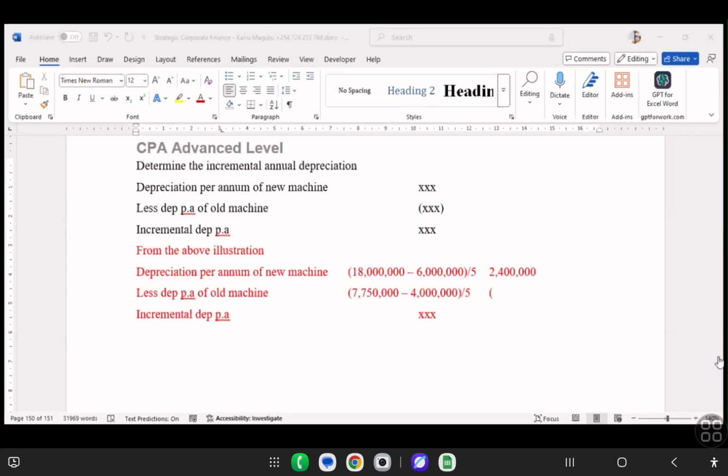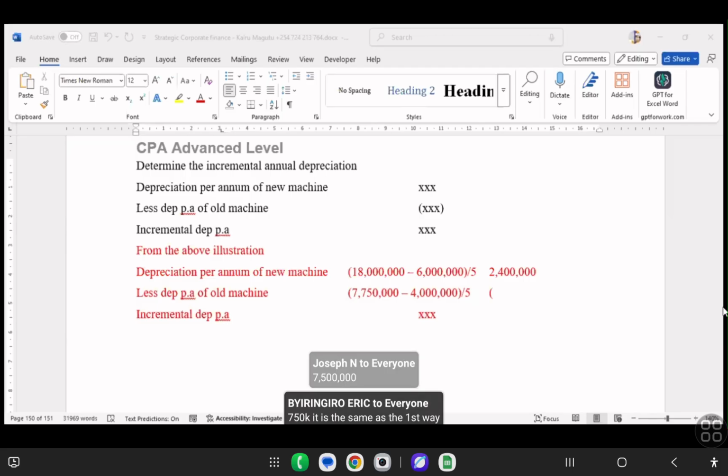Someone is giving 1.5 million. How much is it? 750,000.